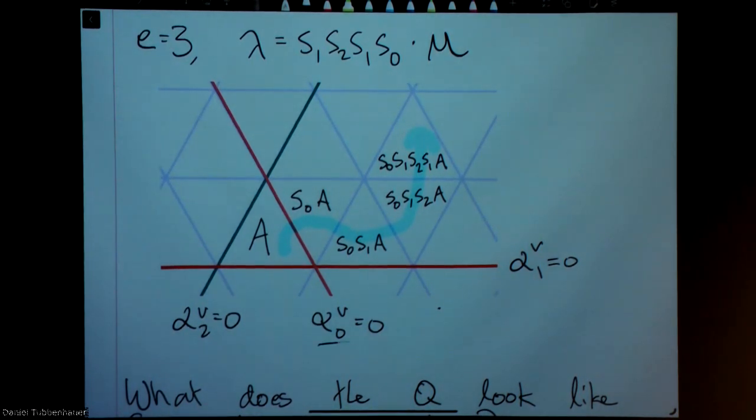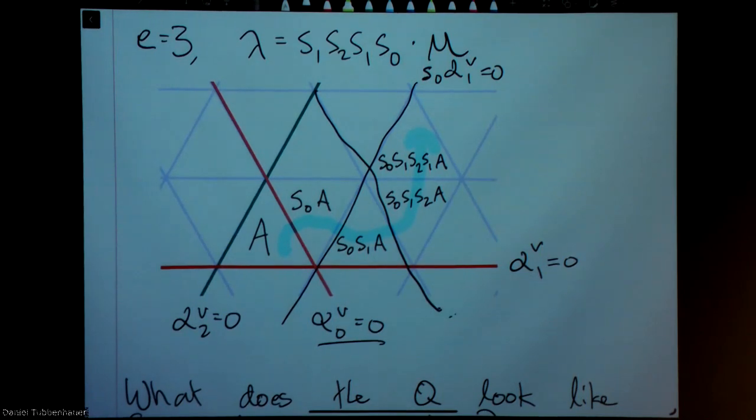I'm crossing alpha check equals 0. So the next one I'm crossing had better be S0 times alpha 1 check equals 0. This guy. And then the next one had better be S0, S1, 2, etc. Okay, cool.